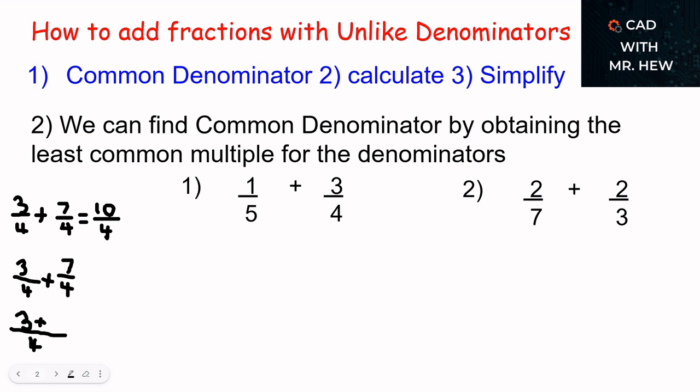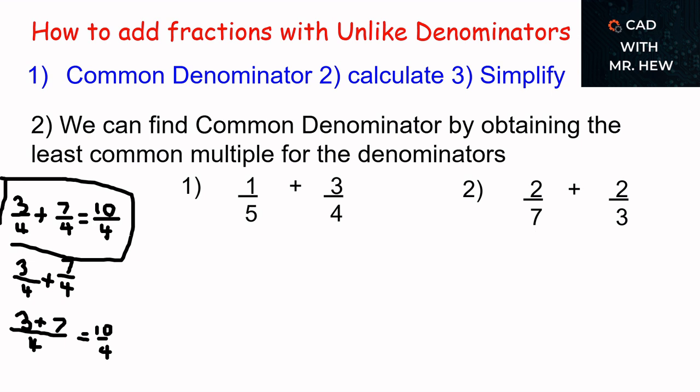Yes. 4 into 4 is 1. 1 times 7 is 7. Yes. And this answer is the same answer. We get 10 upon 4. Right? But once you have it like this, with the denominator being the same, which are like, yes, then you could just add the top numbers and just bring over the 4.